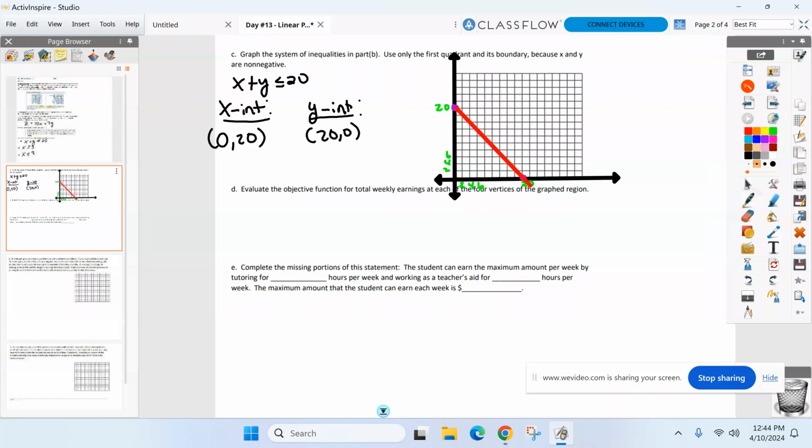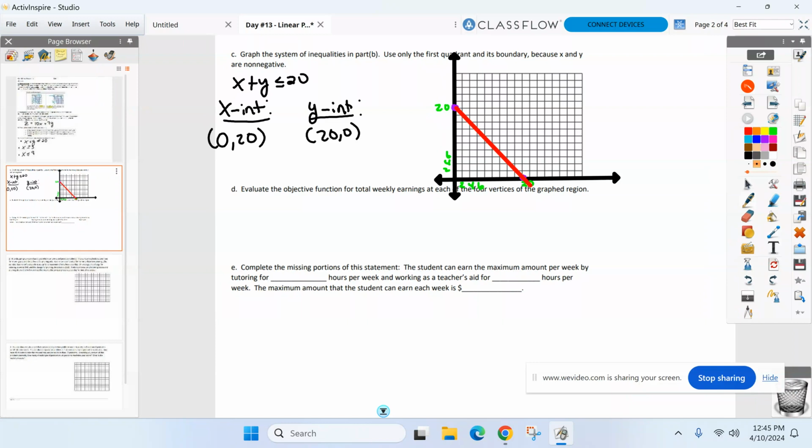Hopefully at this point you guys know what you're going to do for shading. All right, looking at the calculator, I believe you shade to the left of this line. On the test, you have to label your lines, right? I'd like you to, but I'll be honest, I'm not going to be looking for it.